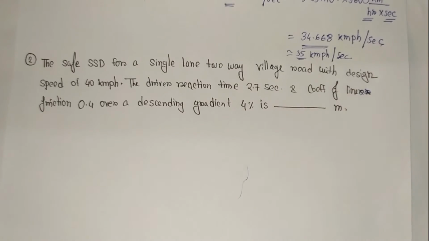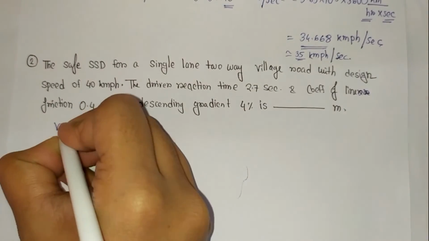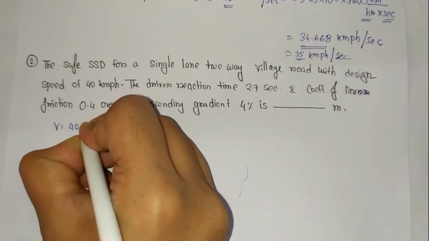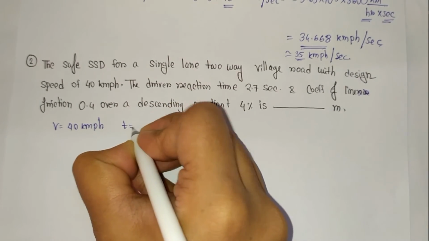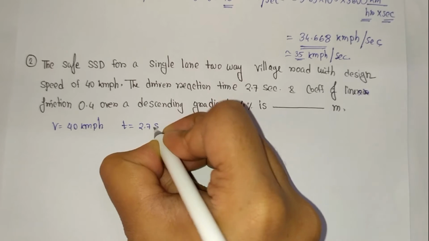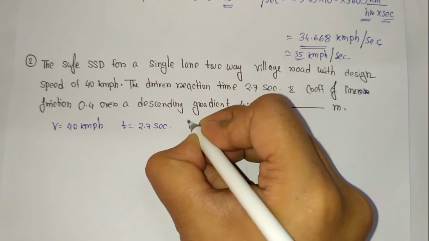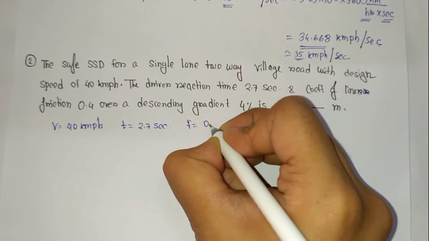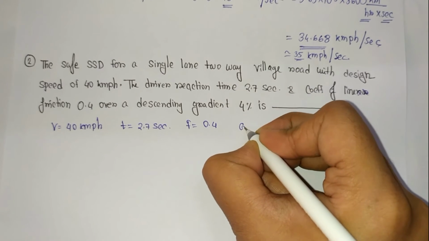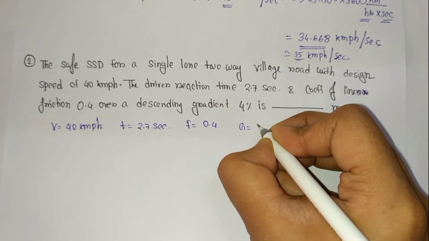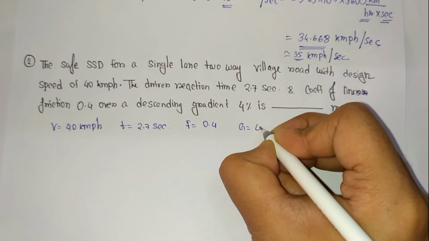Now here the design speed is 40 kmph. Reaction time t is equal to 2.7 second. Coefficient of friction f is equal to 0.4 and the descending gradient is 4%.